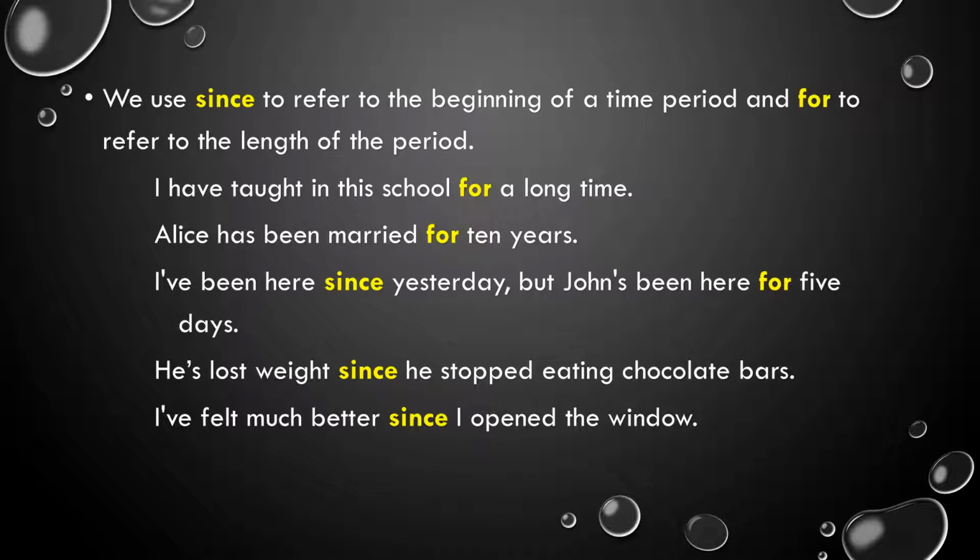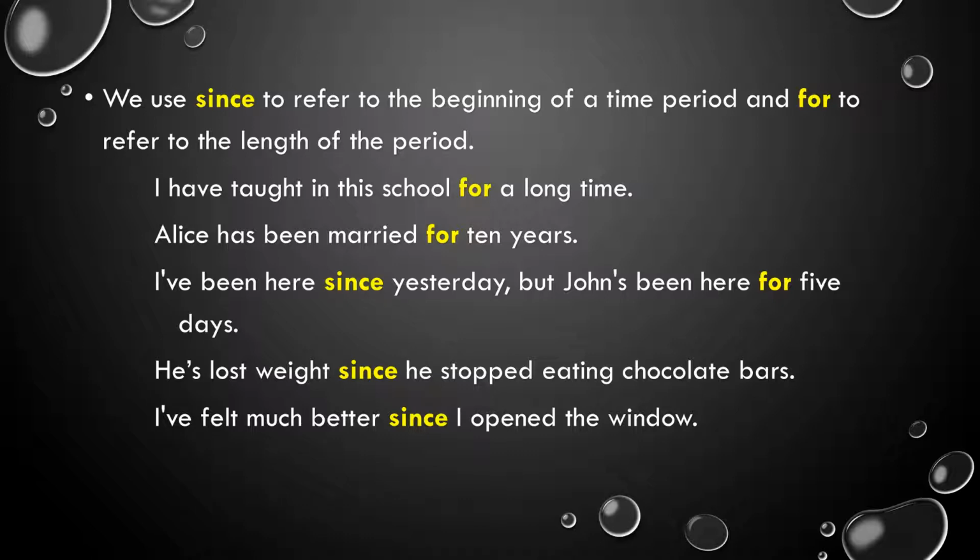For example, I have taught in the school for a long time. Do you know when I started teaching in the school? No, the information is not given here, but you know that I have taught in the school for a long time.